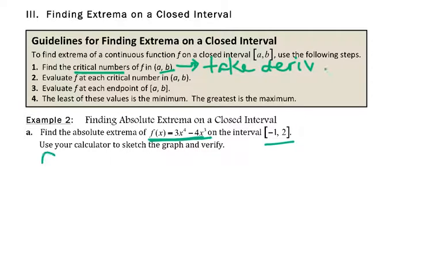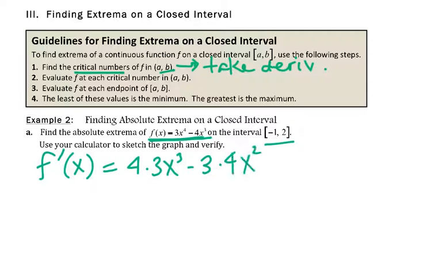Okay. So I'm going to find f prime of x here in example 2a. I have 4 times 3x to the third minus 3 times 4x squared. So 12x to the third minus 12x squared.